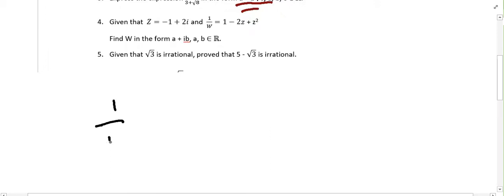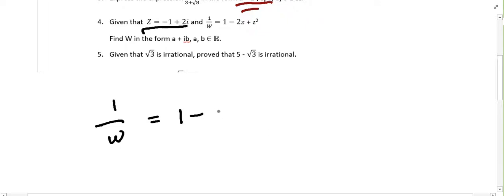So what we simply have at this moment is 1 over w is equal. Where there is z, we are going to be putting the value, because z has already been given.